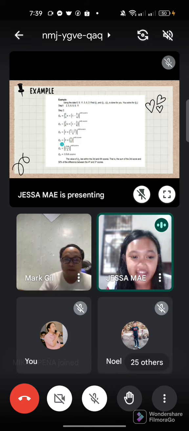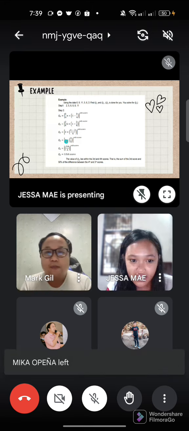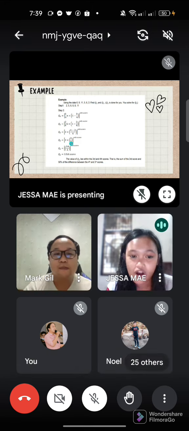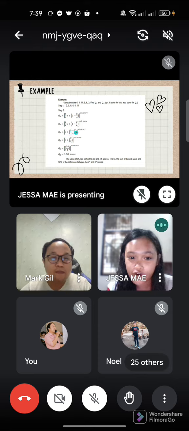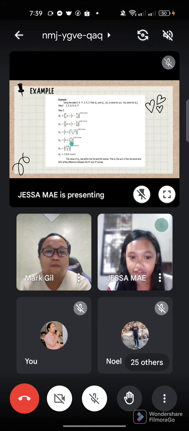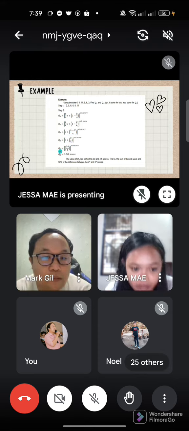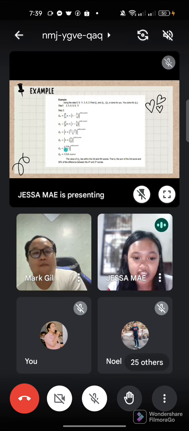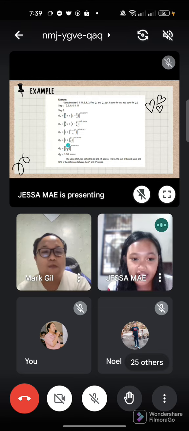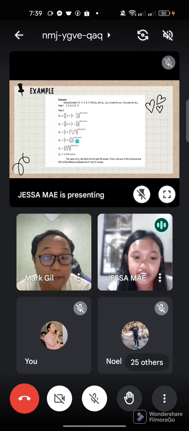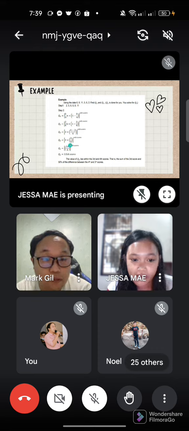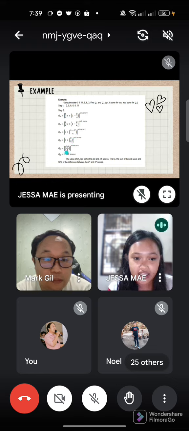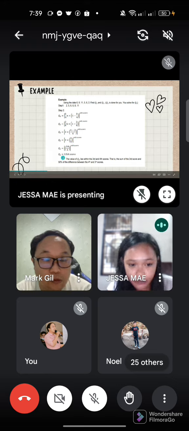So quartile 2 equals 3 plus 2 over 4, which is 14 over 4. It is the same process, we get the common denominator and then add. So the answer for quartile 2 is 3.5 score.